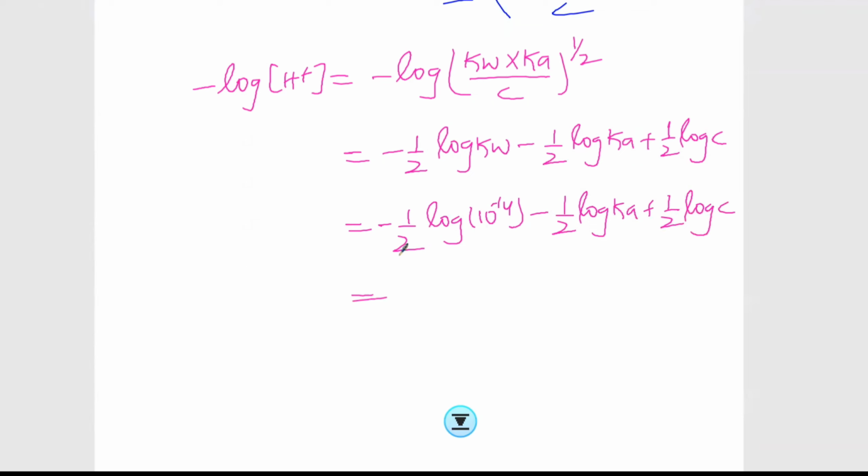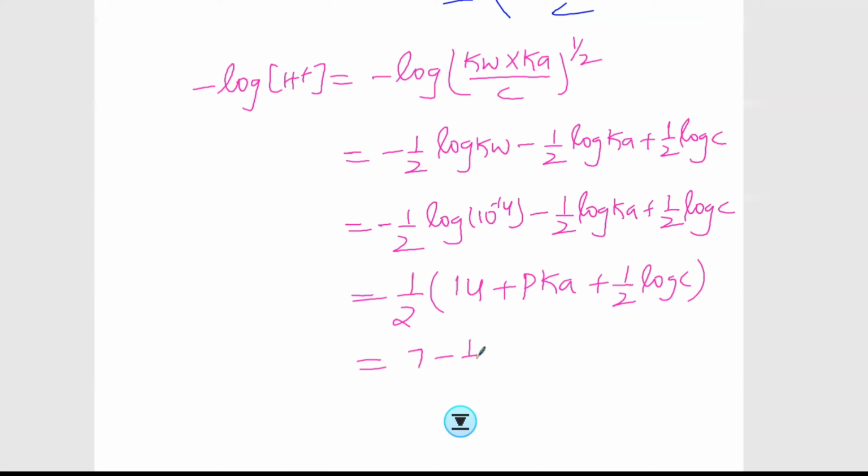So 14 is what? Minus minus gets positive, so 1 by 2 into 14. Minus log of Ka is pKa, therefore plus 1 by 2 pKa, and plus 1 by 2 log C. 14 by 2 is 7.